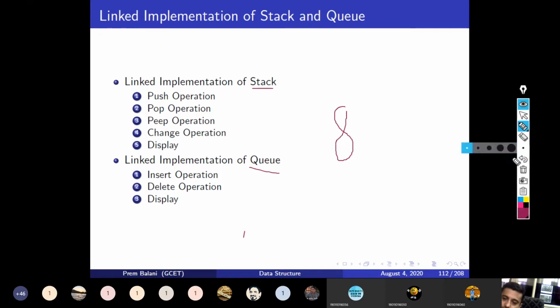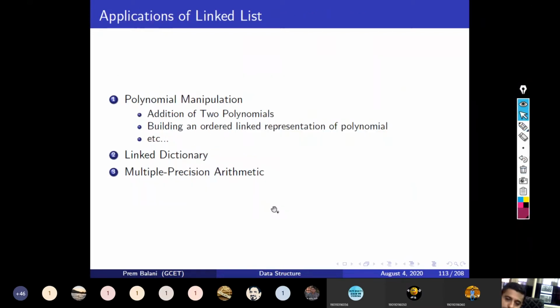Next is, any questions from this? Next is the applications of linked list, and these applications are polynomial manipulation. This you can do using linked lists.